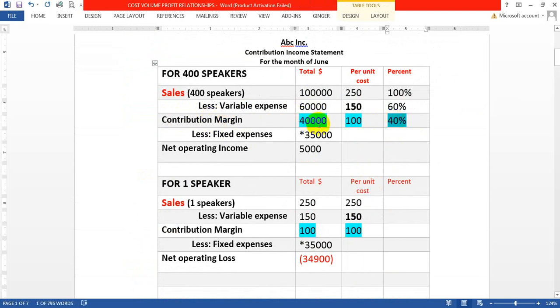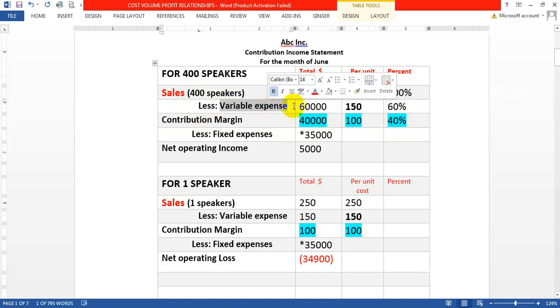In terms of dollar amount, it is the contribution margin in total. When I convert it to a percentage, it becomes the contribution margin ratio, and the variable expense becomes the variable expense ratio.